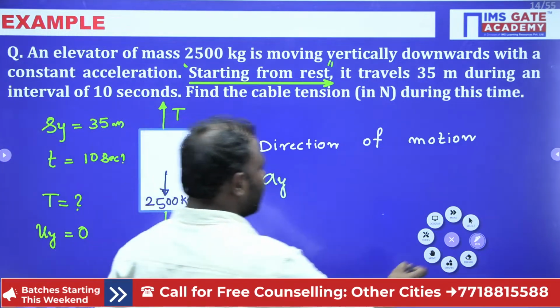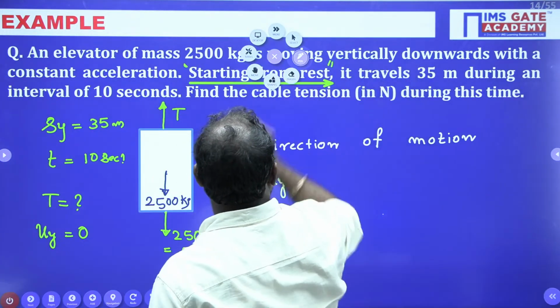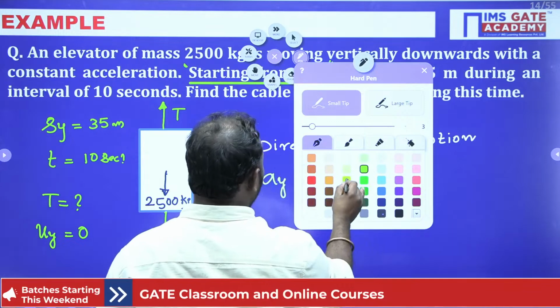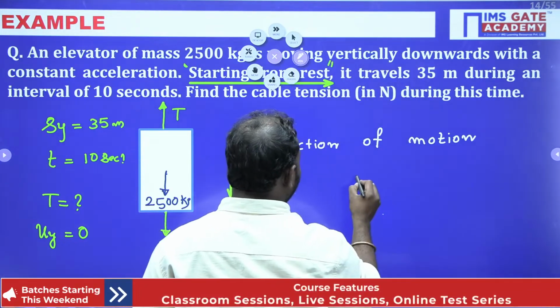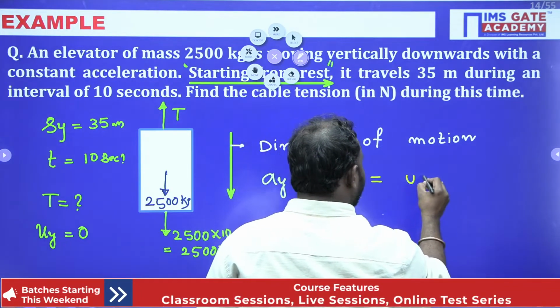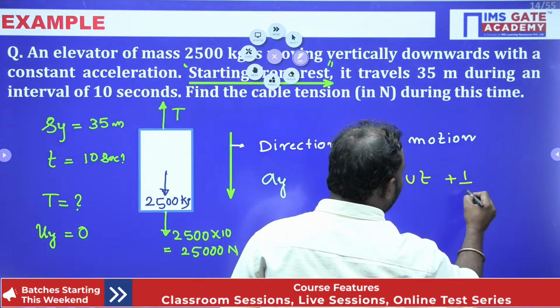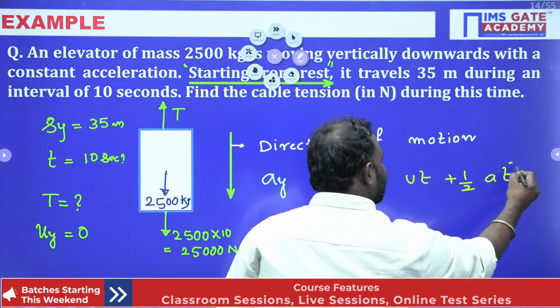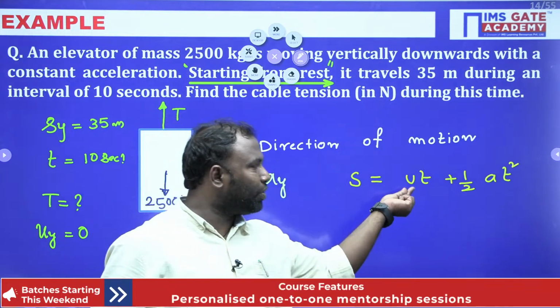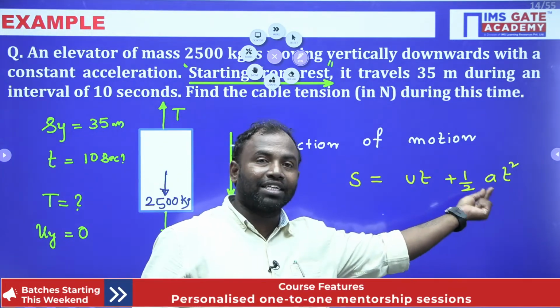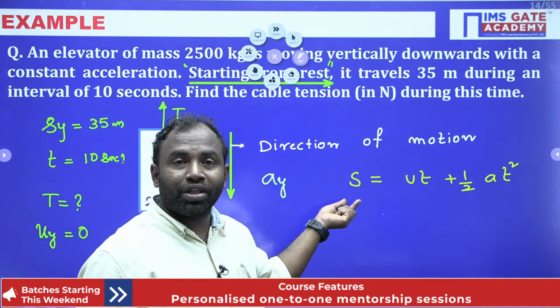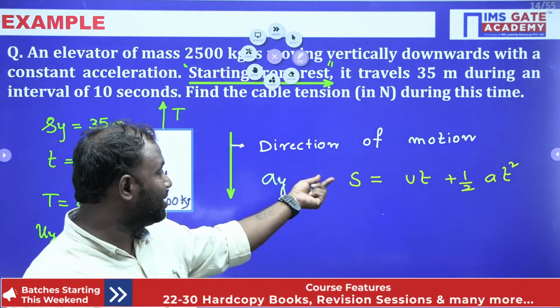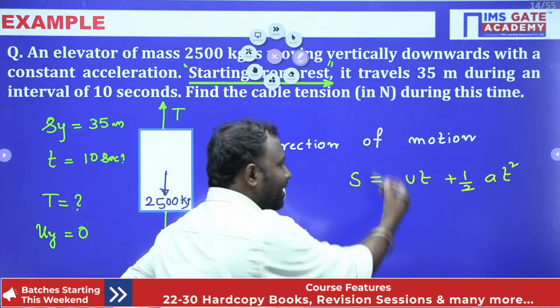So let's calculate the acceleration. I have the equation S equals ut plus half a t squared. We know the time, we know the initial velocity, and we know the displacement, but we don't know the acceleration. We are calculating in the y direction.